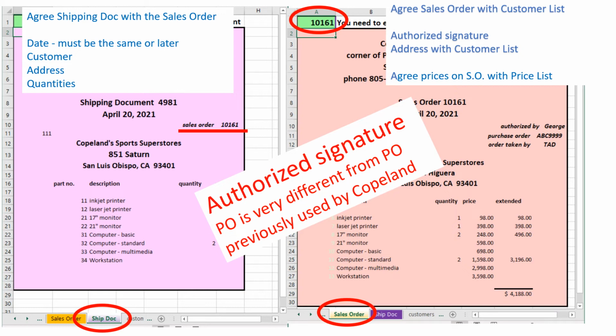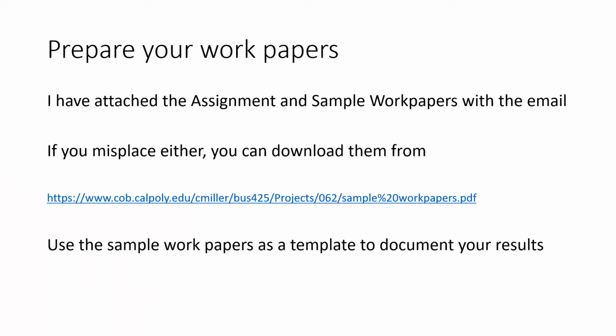I can see from a previous sales order to Copeland's that this purchase order does not appear to come from the same PO pad. If you have two or more entries from the same customer, you want to compare the purchase orders and see if they seem reasonable.